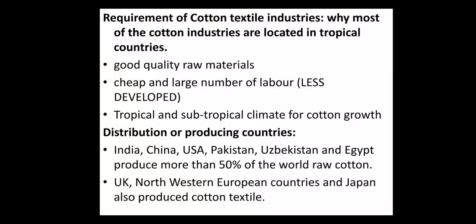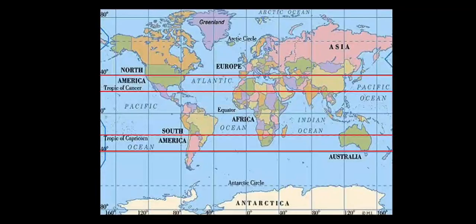We need cheap and large numbers of laborers. Most cotton textile industries are located in tropical and subtropical regions. Tropical means between the Tropic of Cancer and Capricorn. This place is the most favorable for the growth of cotton. So these are some of the requirements for the cotton textile industries.